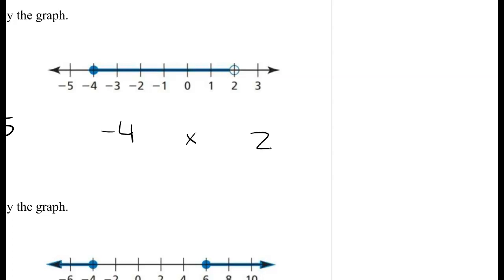So -4, I have shading to the right of -4. Those are all numbers that are greater than or equal to, because this is a closed circle, remember, -4. So this is the way my arrow needs to be facing, because x has to be greater than or equal to -4. And remember, in inequalities, I like to think of it this way. If it's facing the x, that means it's greater than or equal to whatever the number actually is.